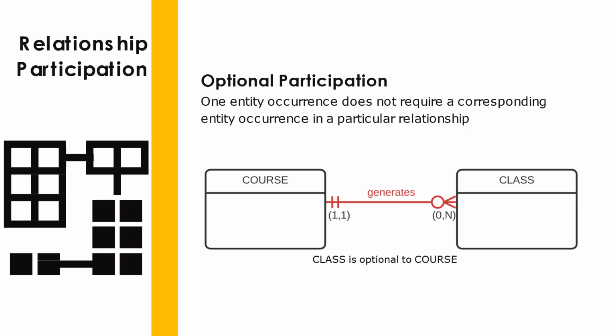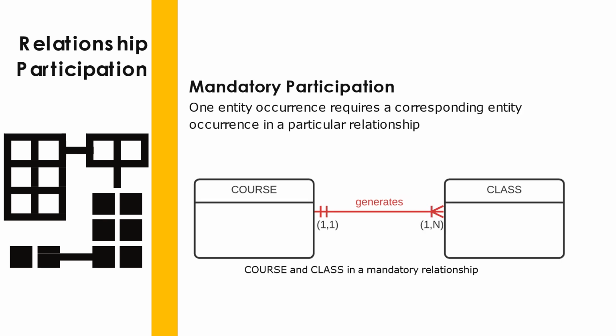So, meaning, in a certain semester, classes are not really required, but is optional to have classes to a certain course. That is why, to specify this relationship, this level of participation, we do that by putting 0 or a circle in our crow's foot notation. So in this case, from the course going to the class, you can see that this is 0 to n. It is possible that the class is 0, meaning it is optional.